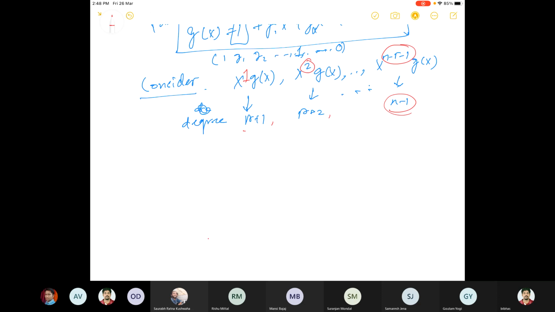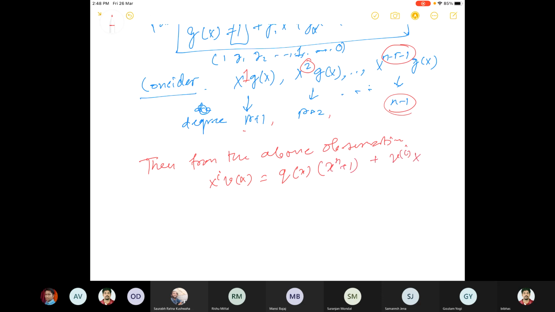So from the above observation, x^i v(x) = q(x)(x^n + 1) + v^(i)(x), where v^(i)(x) is the i-times shift.